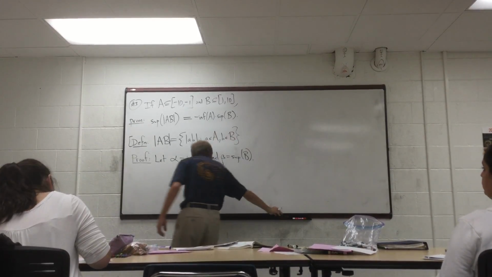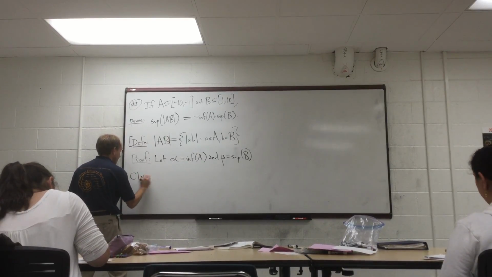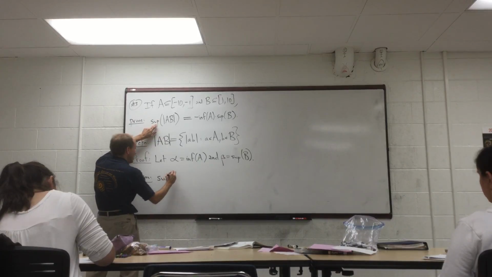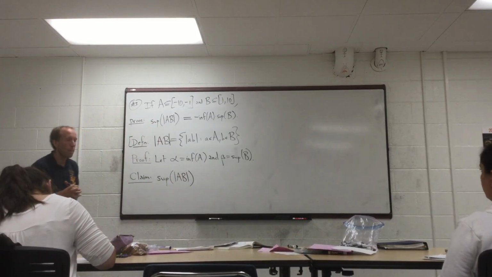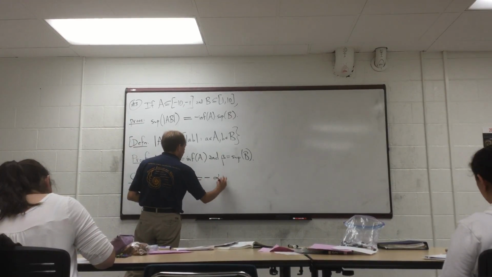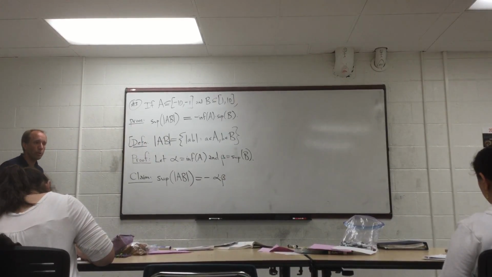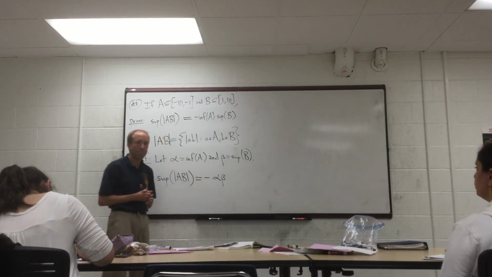Then the claim is that the supremum on the left side, the supremum of absolute AB, is equal to negative alpha beta. That would be the claim.